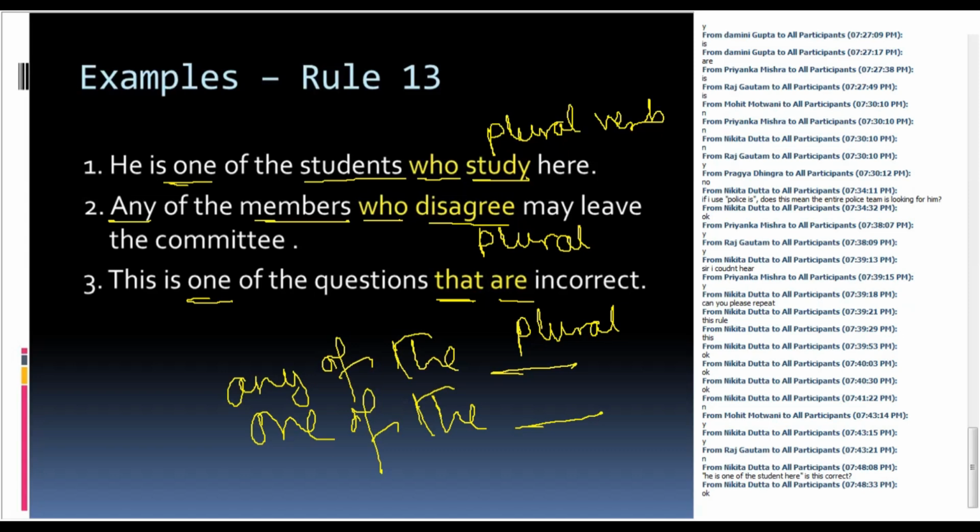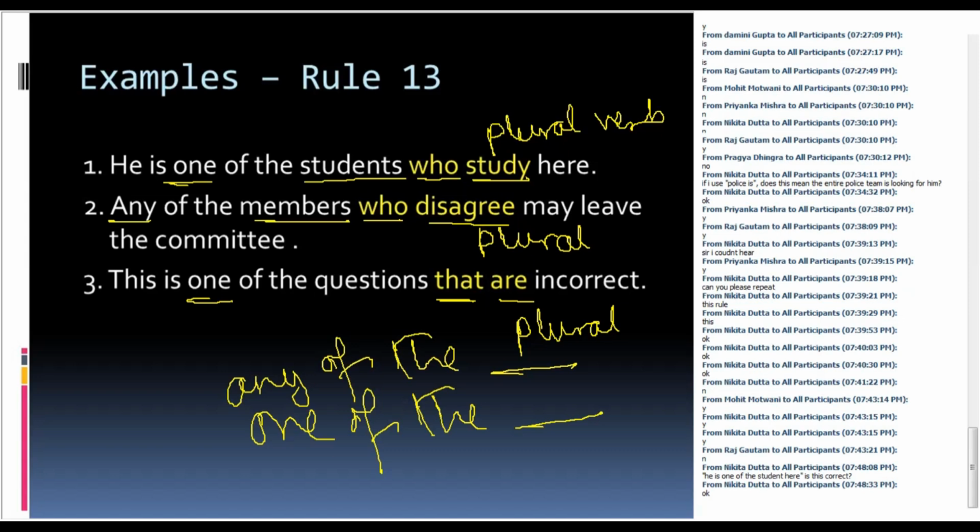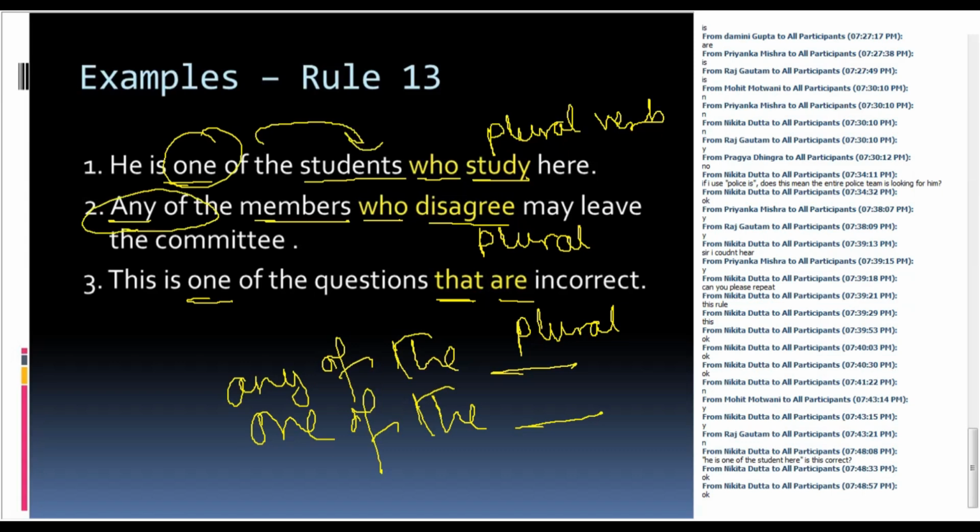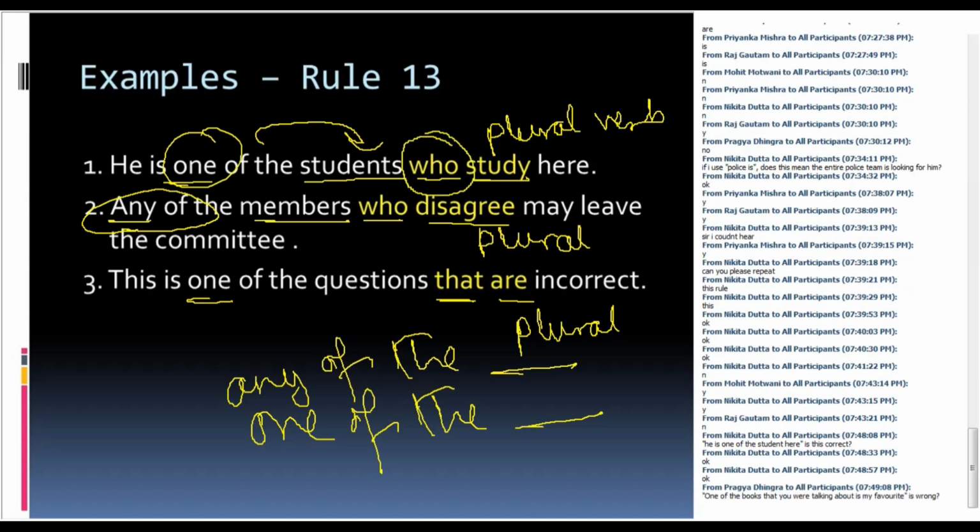That is correct. So remember, when you have these expressions, one of the, any of the, the subject is always plural, and the verb is plural only if after the subject you have the words who or that.